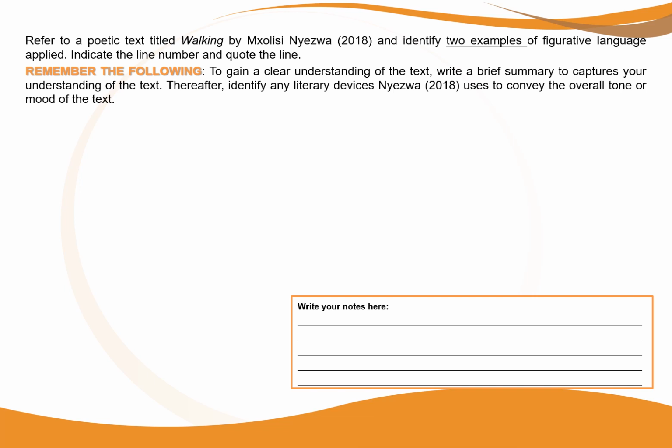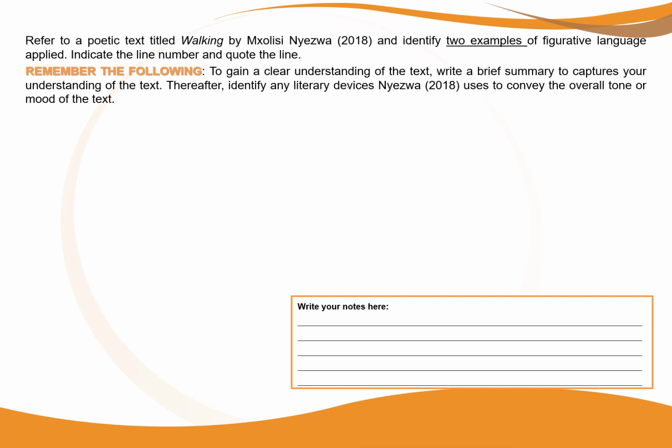Another example is a South African poem titled Walking by the well-known poet Mxolisi Nyezwa, where we identify examples that are indicative of figurative language. In terms of the assignment, it is important that you indicate the line number and quote that line.